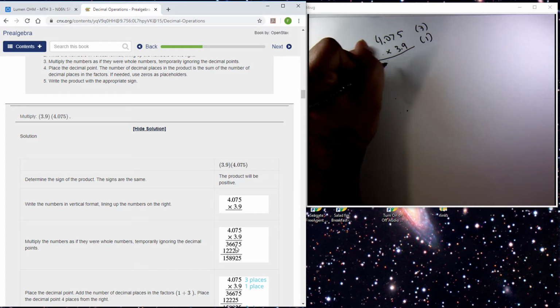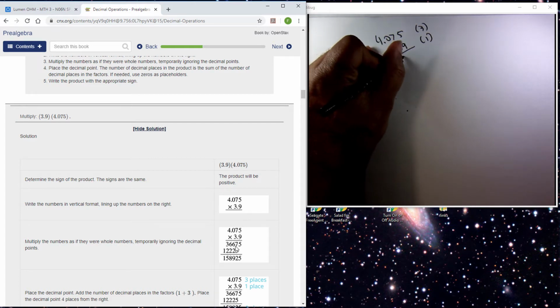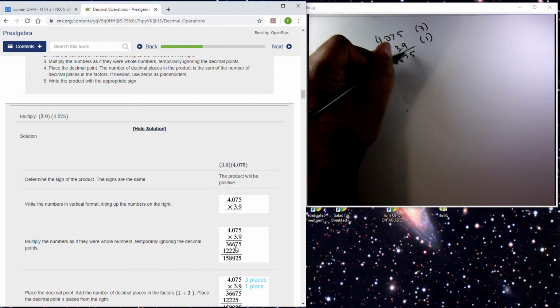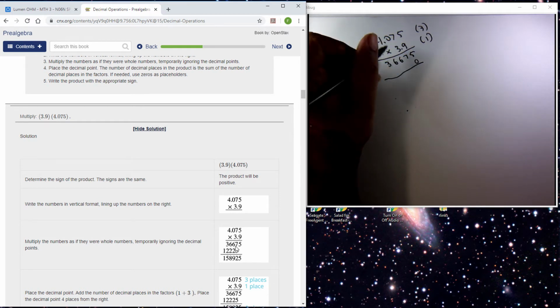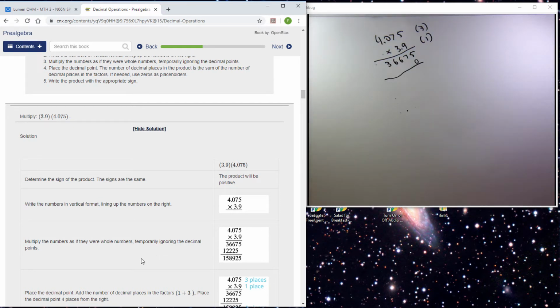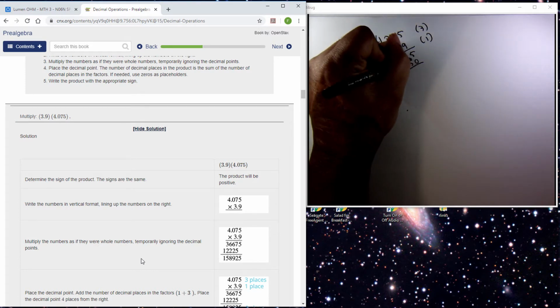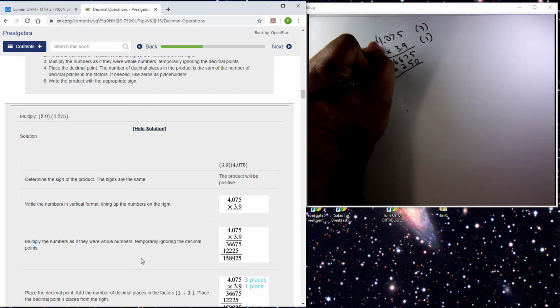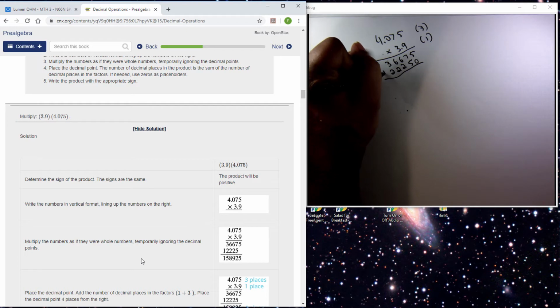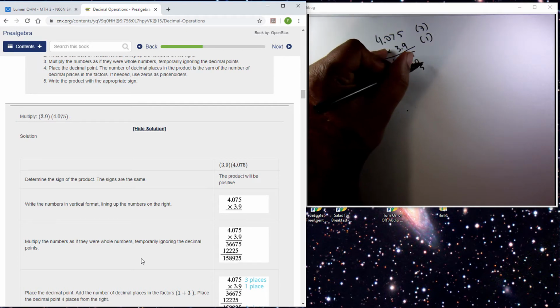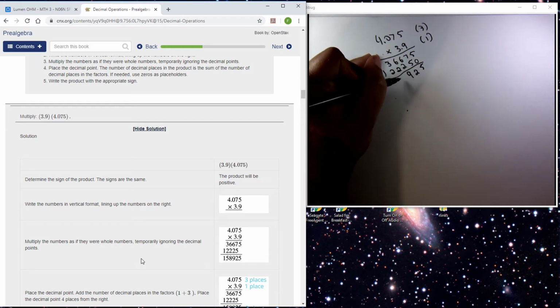Okay, so I end up with 36675. Then I shift it over 1 place, and I have 5, 2, 2, 2, and a 1. We add these up. 5 here, 2 here, 9 here, 8, and then 15.